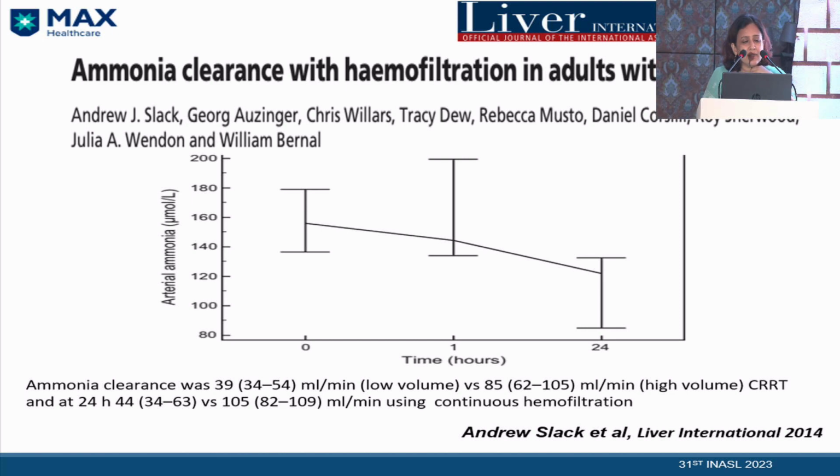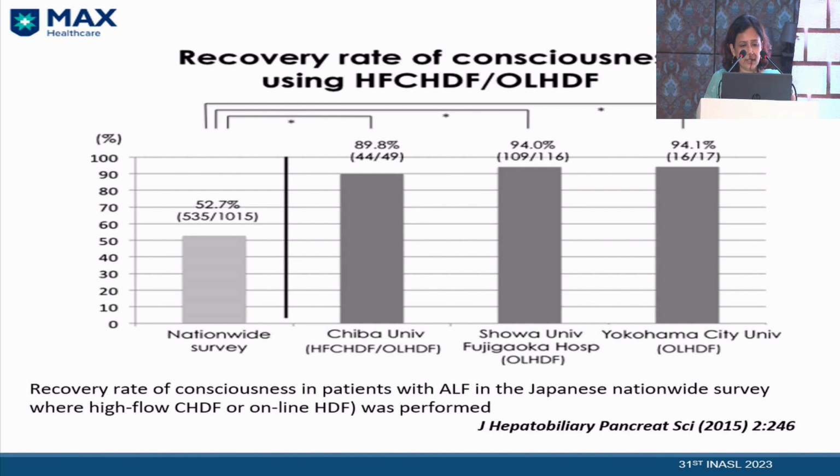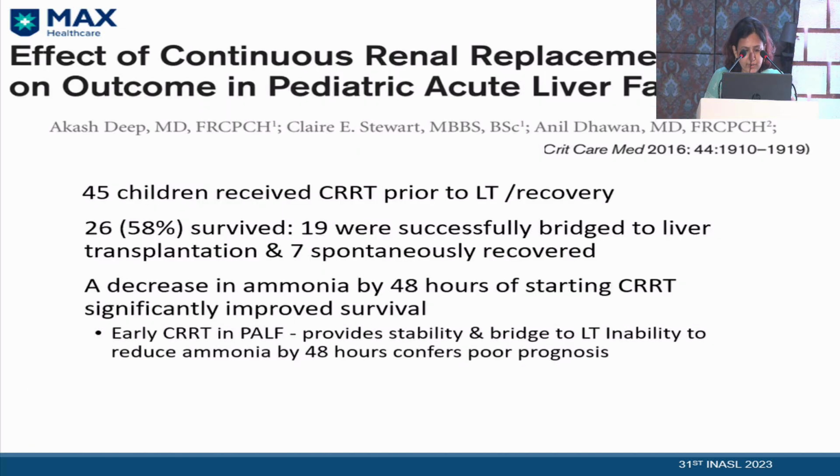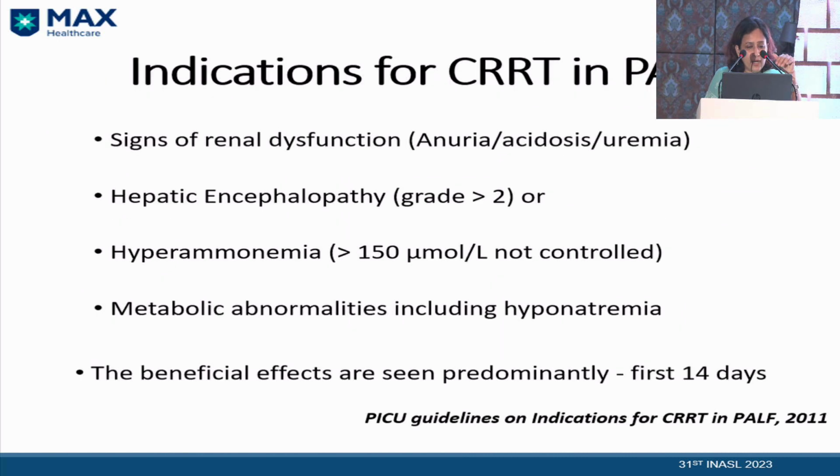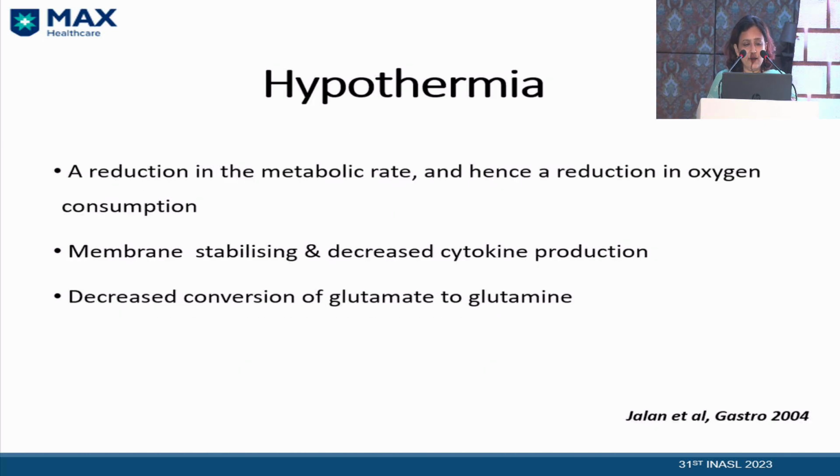Then CRRT, which for the specific management of cerebral edema, we need to do measures which can only be done in the ICU, like ammonia clearance with the help of CRRT, which has been shown to be very useful, and this is what we rely on. And in the pediatric setup, there are actually indications which have been given for the implementation of management of ALF using CRRT.